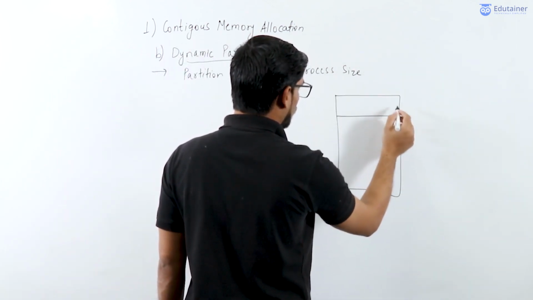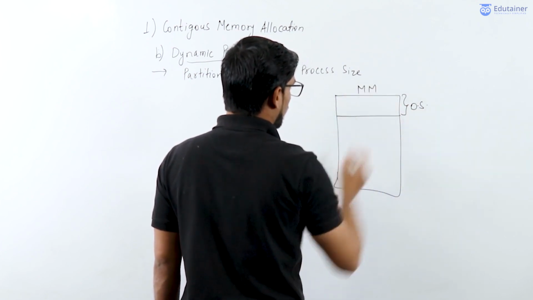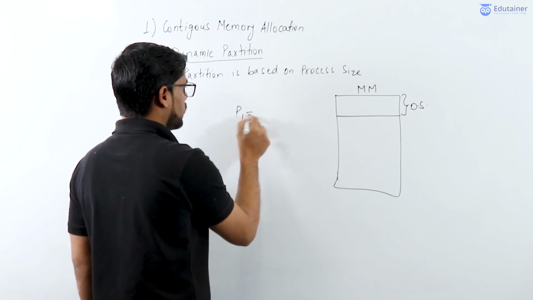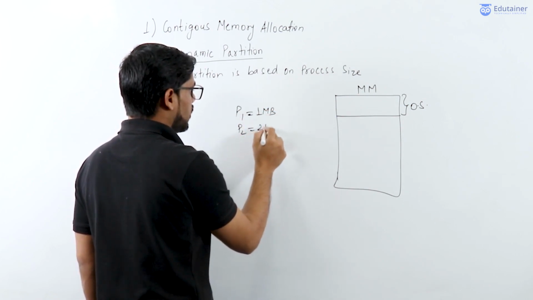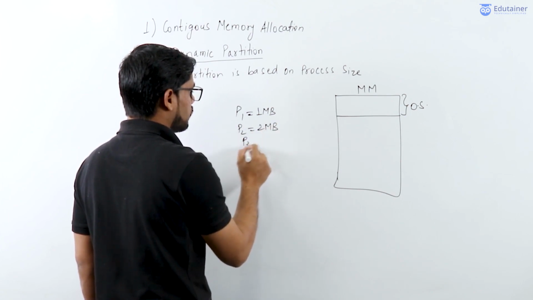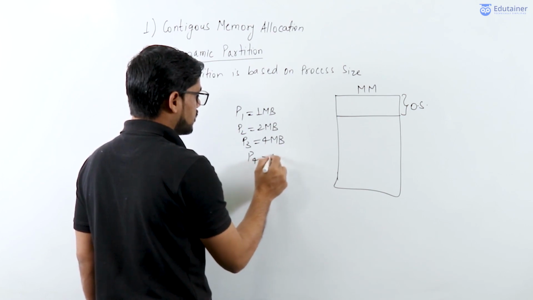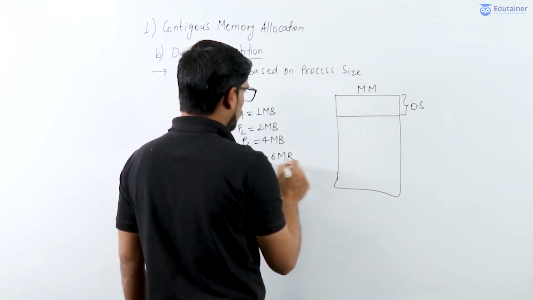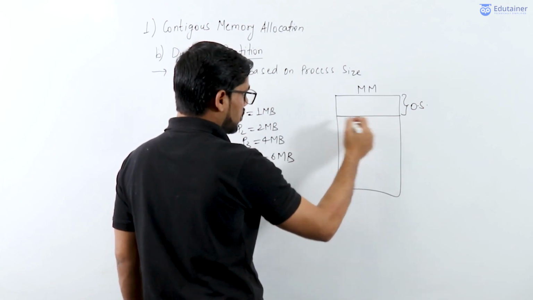Some part of main memory is occupied by the operating system, and let's say we have a requirement of process P1 with size 1 MB, process P2 with size 2 MB, process P3 with size 4 MB, and process P4 with size, let's say, 6 MB. So based on the size of the processes, we partition the memory.